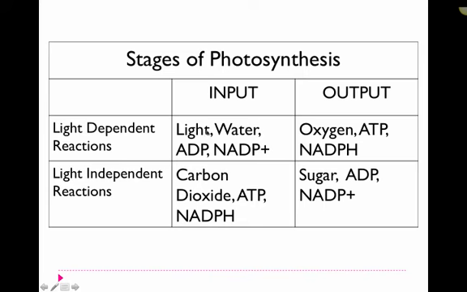As a result of my light-dependent reactions, I get oxygen, ATP, and NADPH. In my light-independent reactions, or the Calvin cycle, carbon dioxide goes in, as well as ATP and NADPH. As a result, I get sugar, which is a food molecule, ADP and NADP plus.